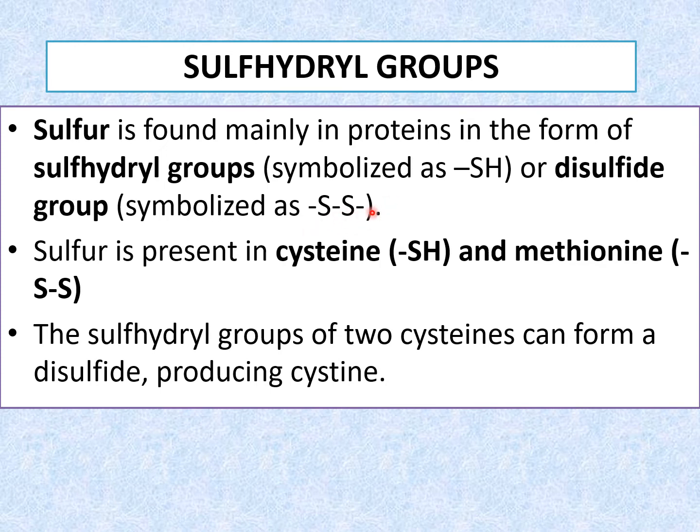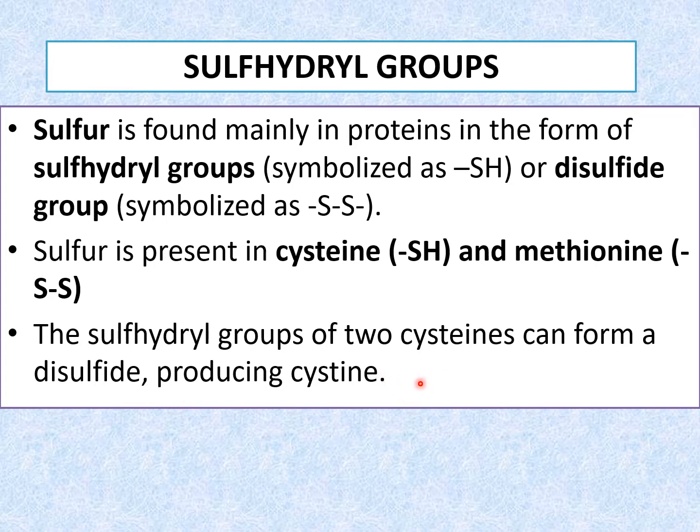atoms being bonded together. Sulfur is present in cysteine, which has the SH or sulfhydryl group in its side chain, and the methionine amino acid has a sulfide group in its side chain. The sulfhydryl groups of two cysteines can form a disulfide, producing cystine.